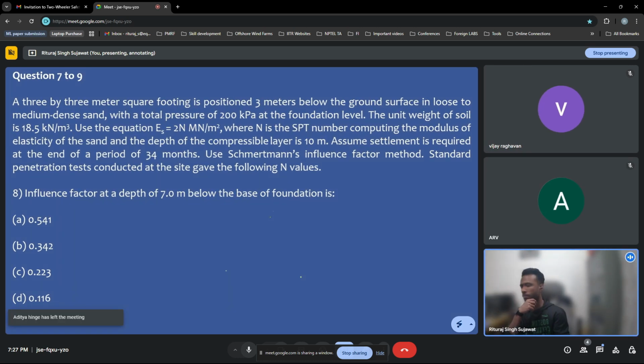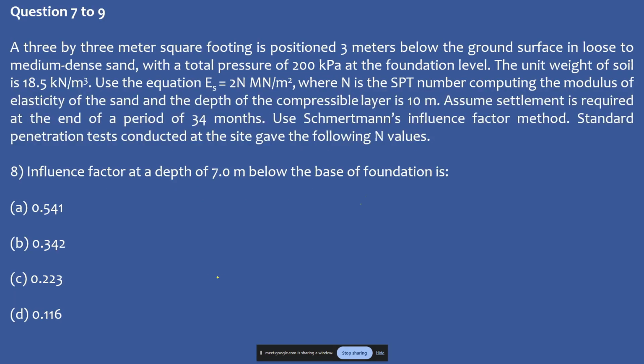It's given as B, the maximum value of the influence. So let's draw that and see.